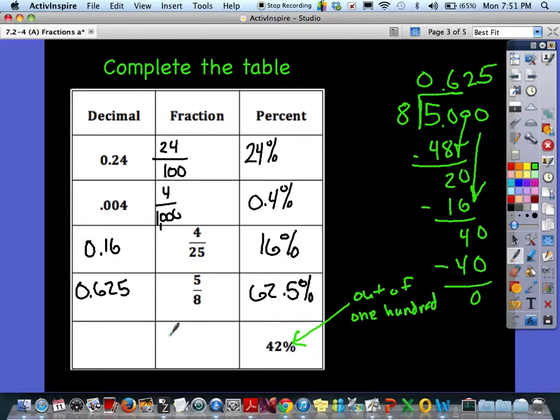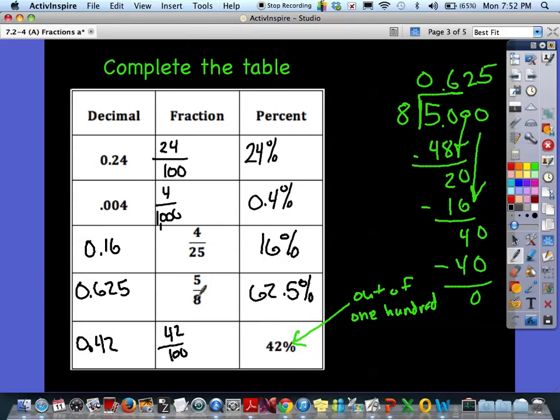So because of that, I'm going to be able to write it straight away. This must mean 42 out of 100, which also must mean 42 hundredths. I hope you see how easy this is. Yeah, so this can seem hard and daunting at first if it's your very first time. But once you realize that you're really just moving decimal points twice to the right, or you're just calling everything the same thing and just writing the same thing in a different way, it's actually pretty slick.